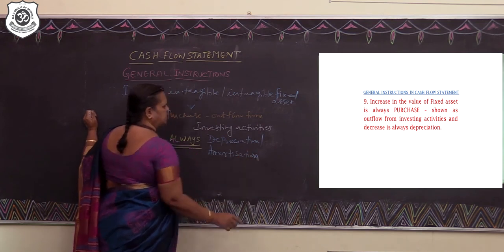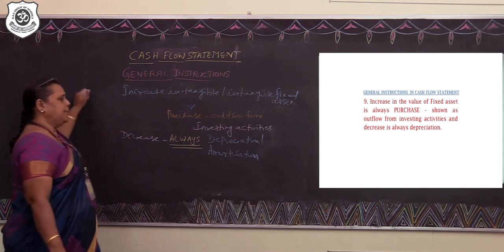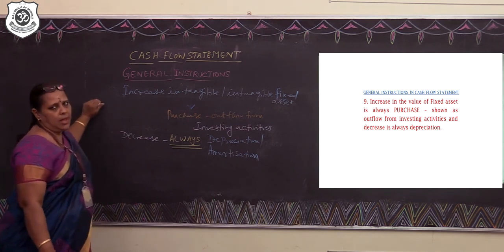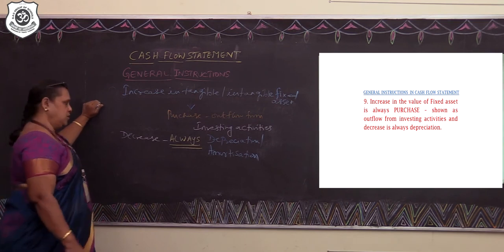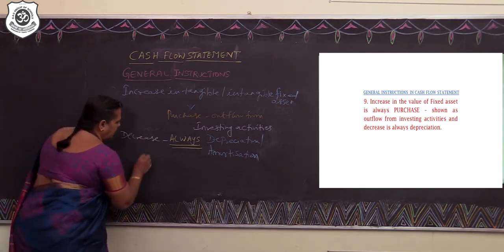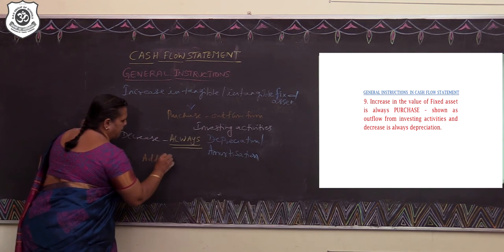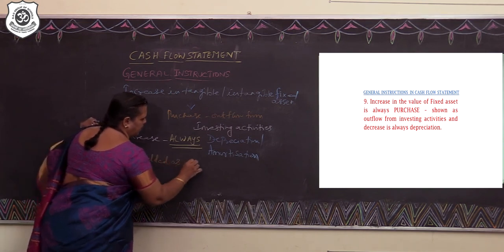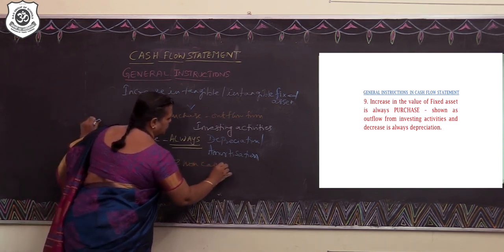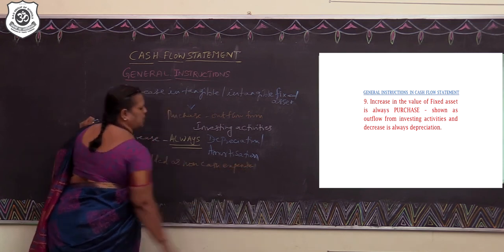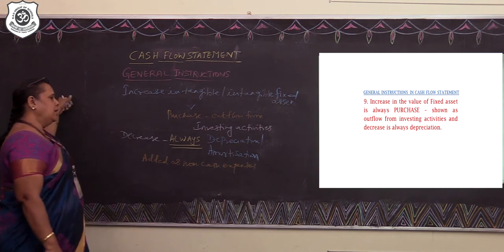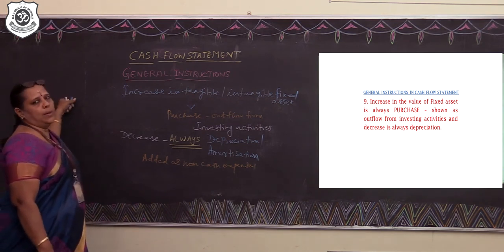In case it is a tangible asset, it becomes depreciation, and in case it is an intangible asset, it is amortization, which will be added as a non-cash expense while computing cash flow from operating activities.